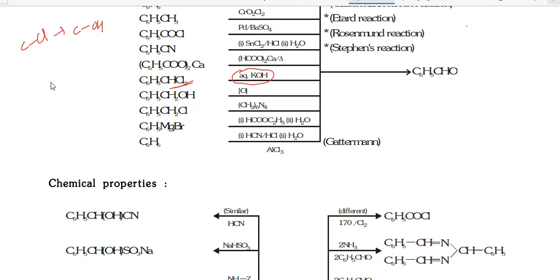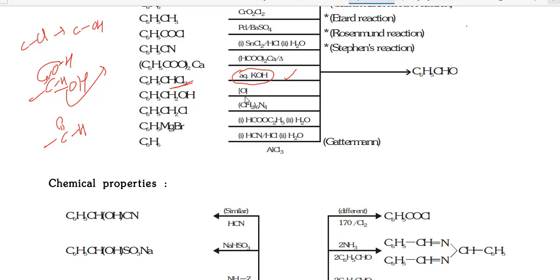So here two chlorines are there, so two OH groups will come. Then on the same carbon two OH groups are unstable, we know that. So a water molecule is released, so it becomes C double bond O, and H is already there. Okay, it is also forming benzaldehyde.